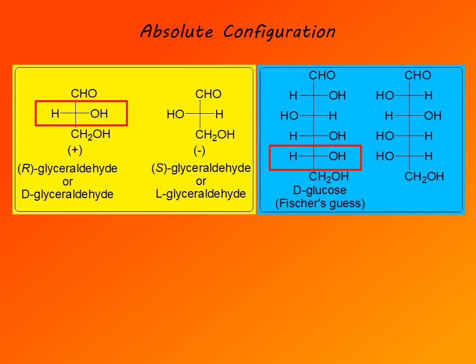So D-glyceraldehyde, or as we put it now, R-glyceraldehyde, really has this formula where the OH group is on the right. And D-glucose really has the formula where this last OH group, the last chirality center, is on the right. So that's absolute configuration, when we can tell which enantiomer actually has which formula.